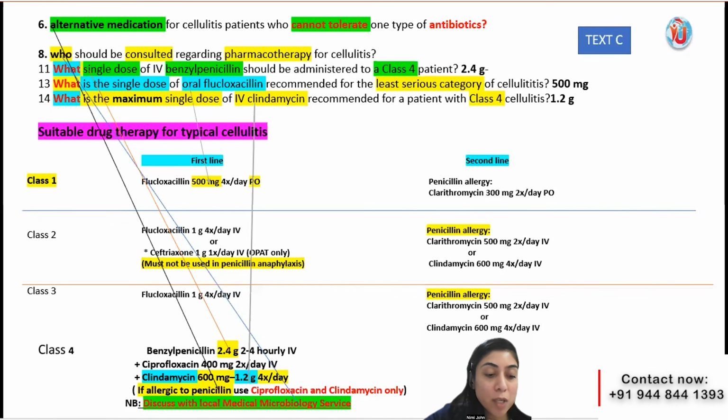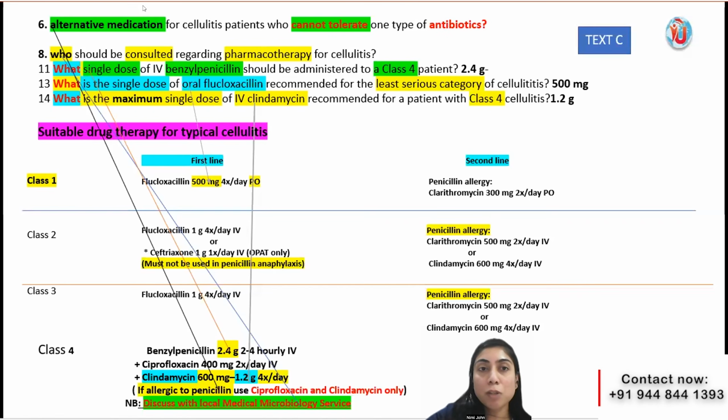Alternative medication for cellulitis, patients who cannot tolerate antibiotics. Here, about penicillin, we can see if allergic to penicillin, use ciprofloxacin and clindamycin only. So this is the alternative medication when the patient cannot tolerate penicillin.